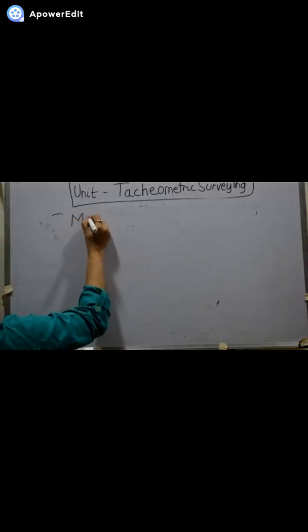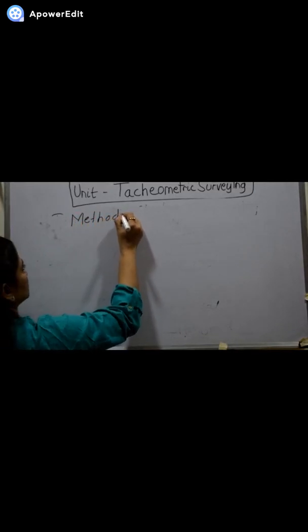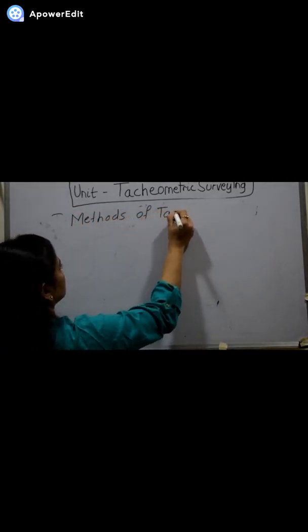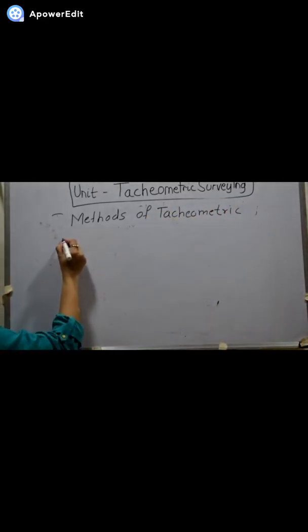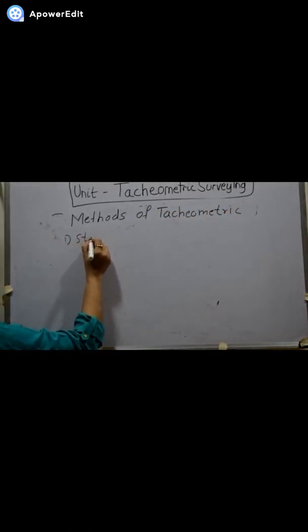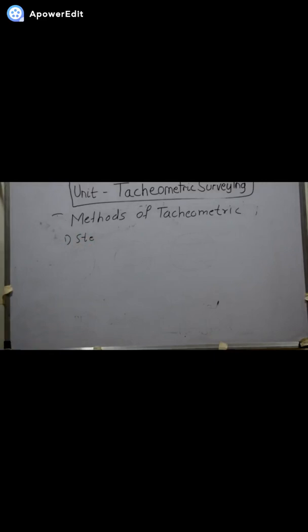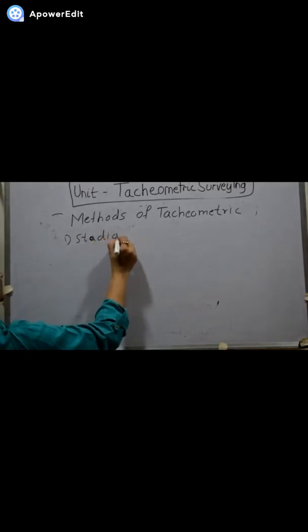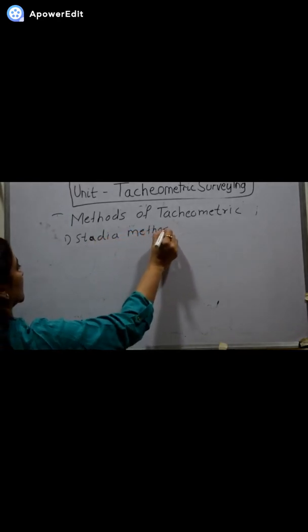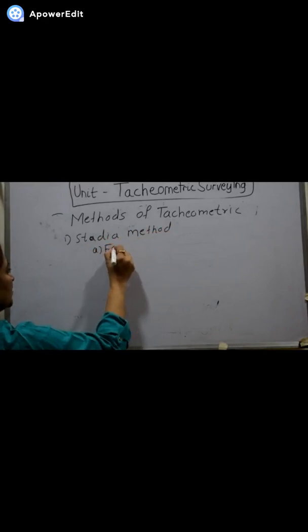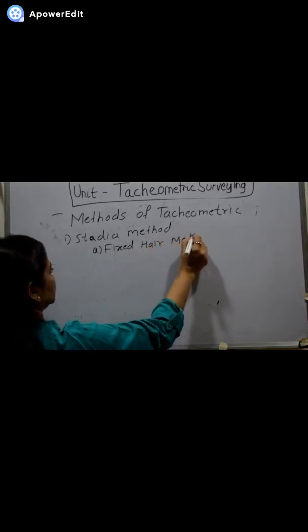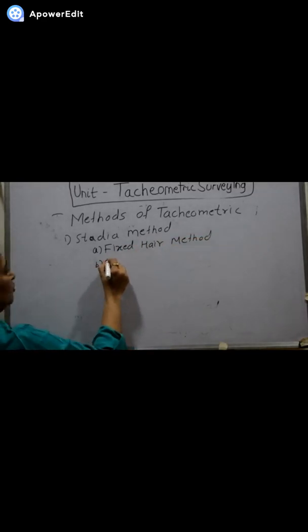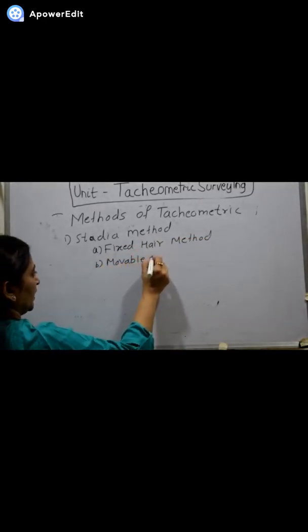Methods of tachometry. There is the stadia method. The stadia method is divided into two: fixed hair method and movable hair method.